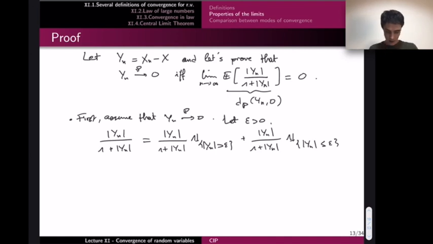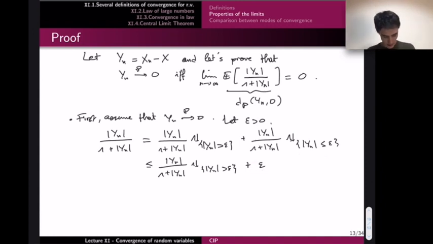Well, now I have this inequality. So here it's the same, Yn over 1 plus Yn times the indicator of Yn greater than epsilon. And here you see, if Yn is smaller than epsilon, then this whole quantity is smaller than epsilon. So plus epsilon, and the indicator is always less than 1, so I bound this by epsilon and this by 1. Okay, so I just have epsilon in the end.